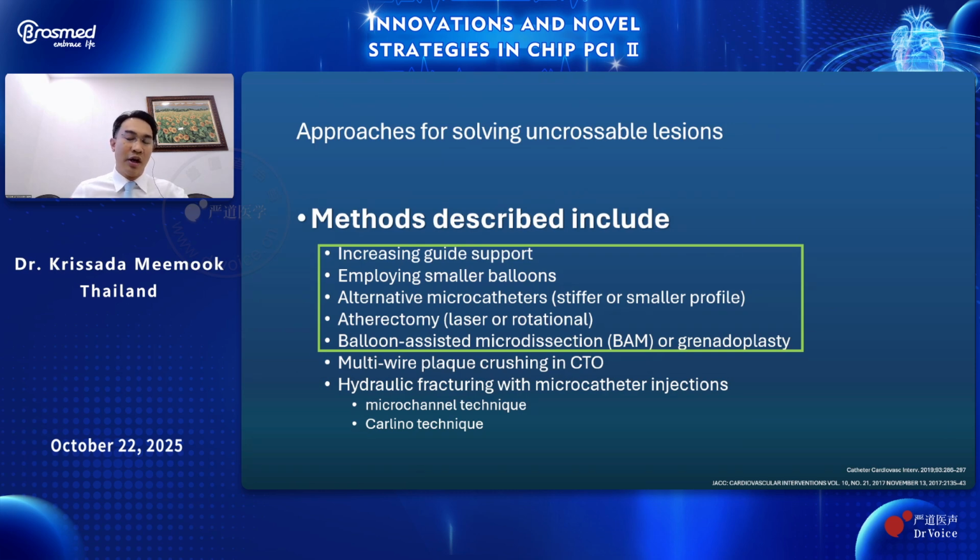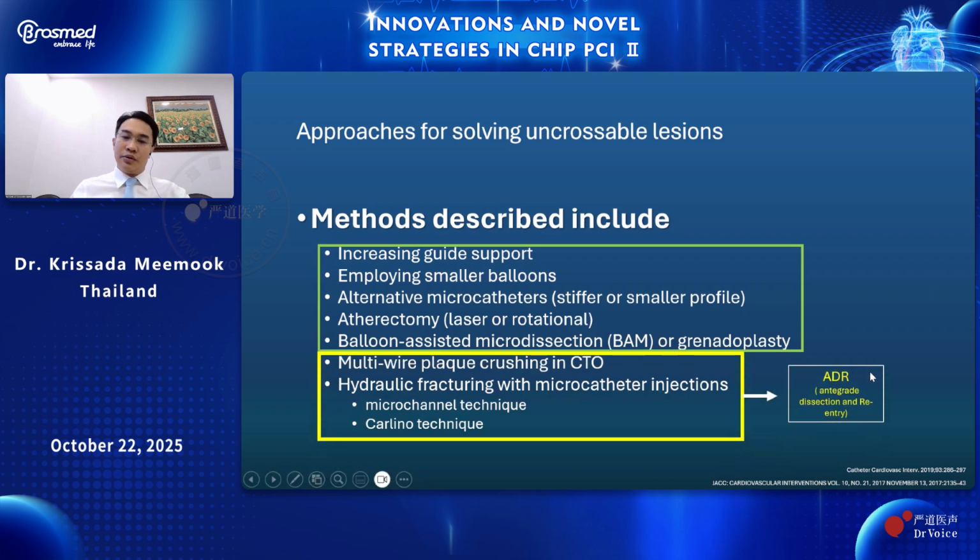But in this case, we want the balloon to do the reverse CART. Also, rotational atherectomy is not an option for this patient because we cannot go to the distal true lumen. So maybe we use another wire technique, or maybe a grenadoplasty technique.